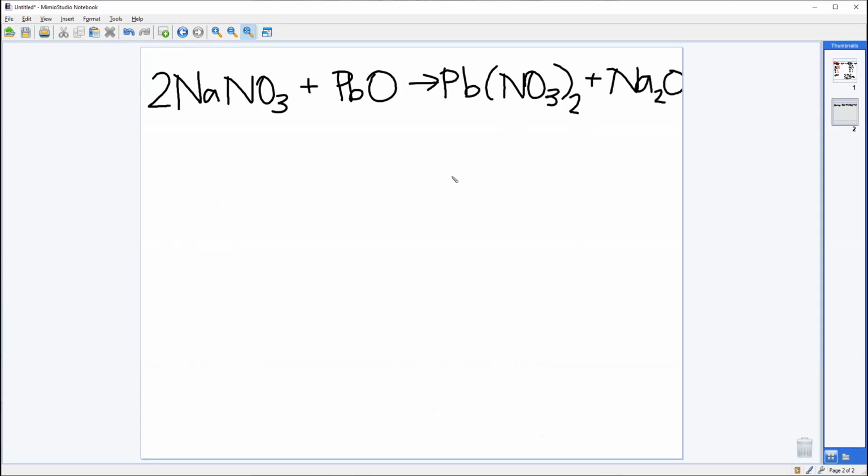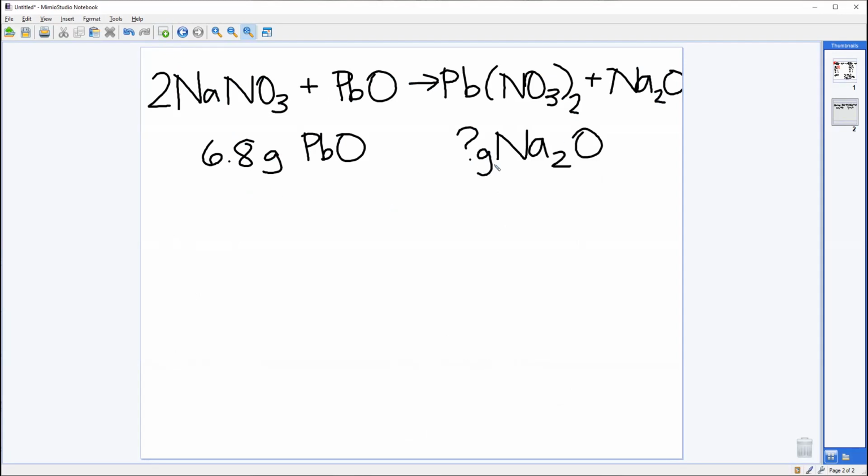All right, so there's my equation. So let's say I'm told that I start with 6.8 grams of lead oxide, and I want to know how much sodium oxide will be produced. So I want to know how many grams of sodium oxide are going to be produced.